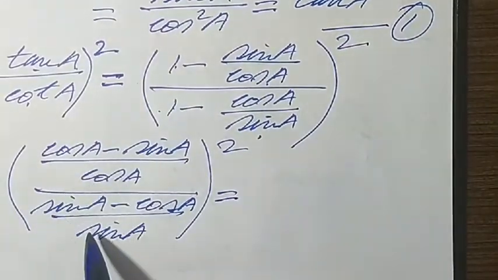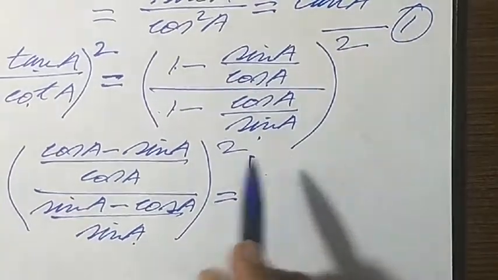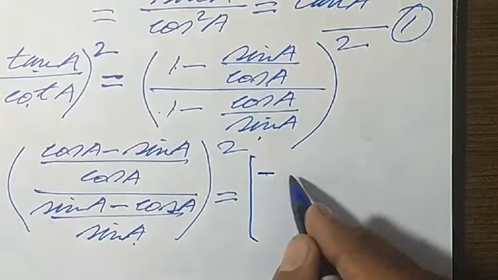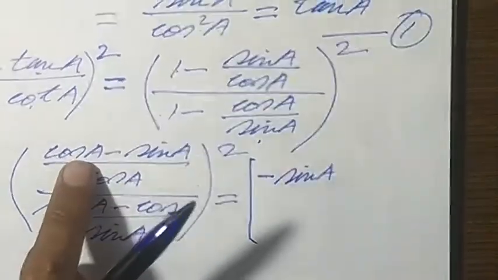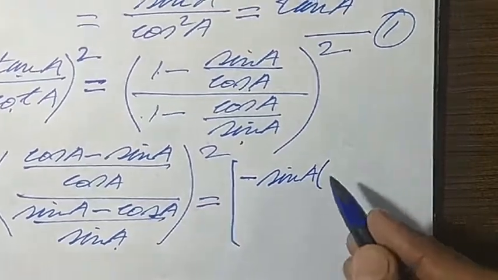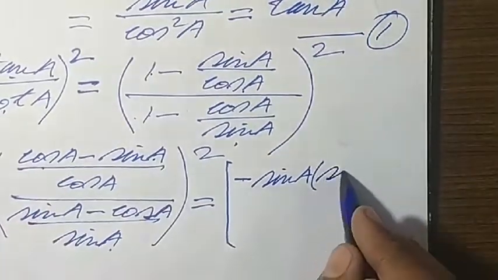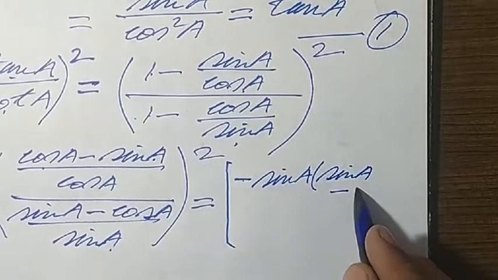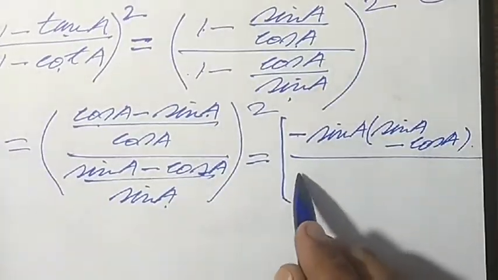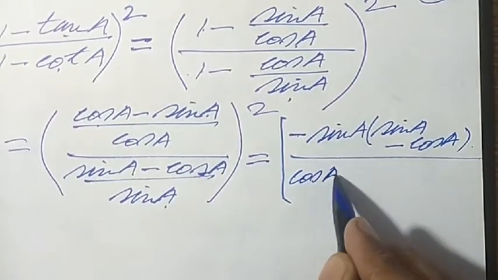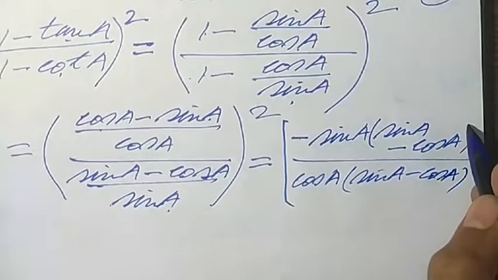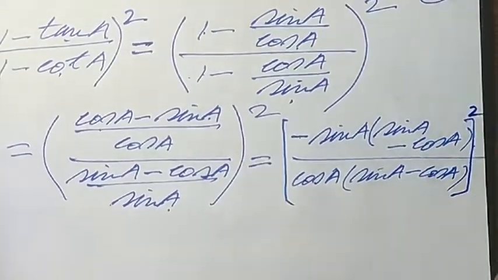So this cos A goes in the main denominator and this sin A goes in the main numerator, and we may take minus common out of this expression cos A minus sin A. So we may write minus sin A, because sin A goes in the main numerator, and we have taken minus common out of these two terms, so we take minus outside, and then inside the bracket there will be sin A minus cos A. Signs of sin and cos will be changed, and cos A goes in the main denominator, and sin A minus cos A as it is, with whole square of the bracket.